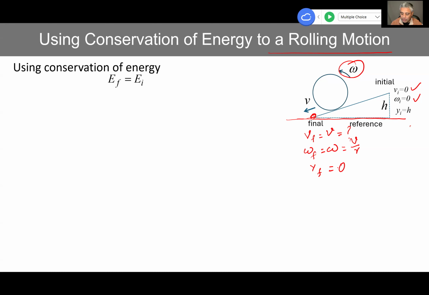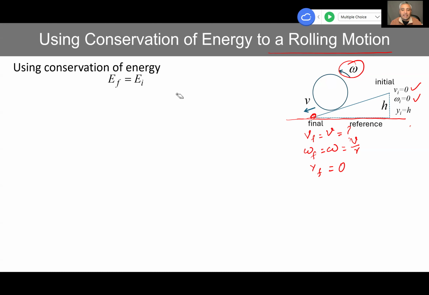Okay, so now with that, let's write the conservation of energy. In this case, the friction is negligible for rolling motion, so we don't have to worry about energy dissipated due to friction. We are neglecting friction.